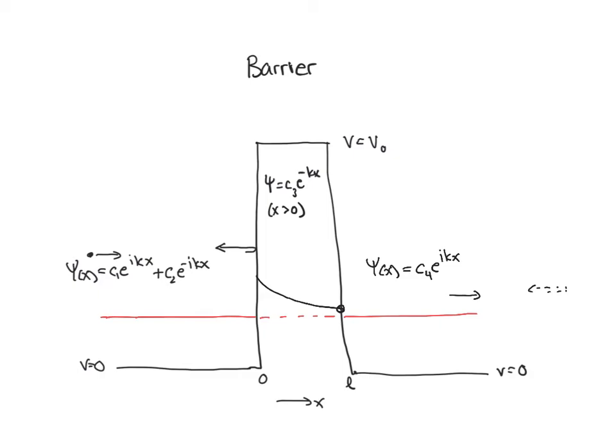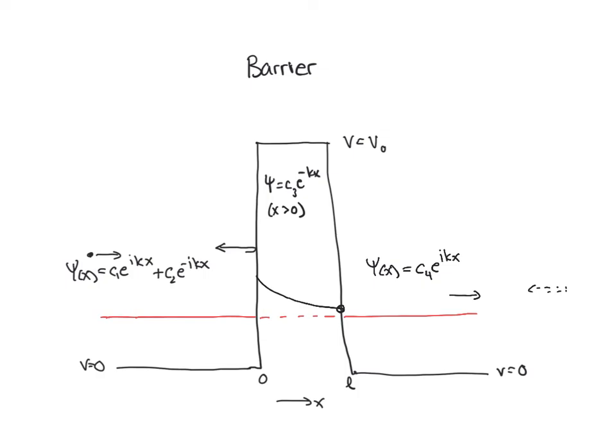So my full wave function has three different regions. In the left-handmost region, I have particles going in the positive x and reflected back in the negative x direction. In the barrier, I have a decaying exponential, so I have some probability of being within the barrier. And if that probability does not decay to 0, then I have a probability of having my particles on the other side of the barrier.